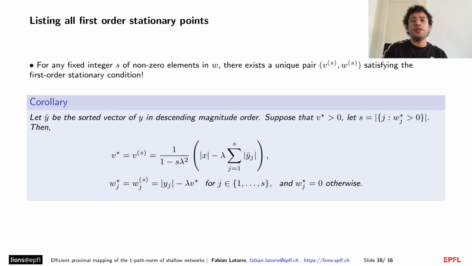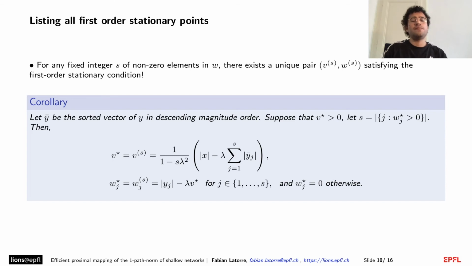The key ingredient for computing the proximal mapping is to observe that all first-order stationary points can be indexed by an integer s, representing the number of non-zero elements of the vector w. After some algebra, it is possible to compute a closed-form solution for the stationary point associated with each integer s. Note that some of these pairs may not be feasible, meaning that they can give negative values.